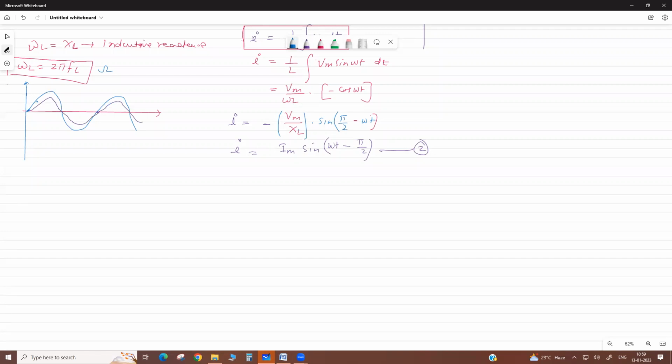This is your current waveform, so there is no phase difference.